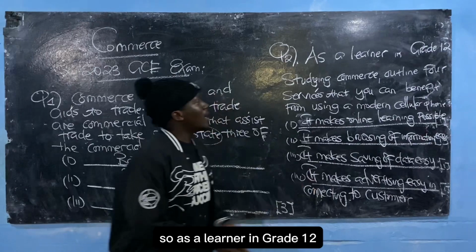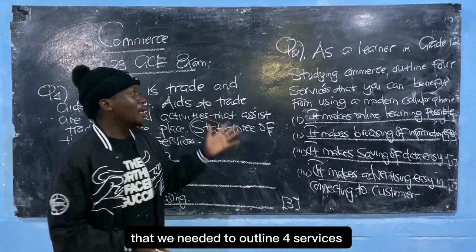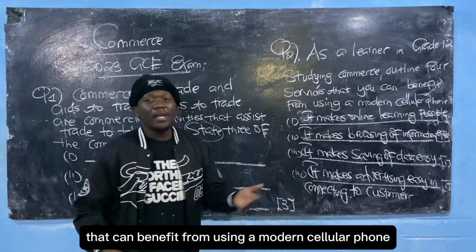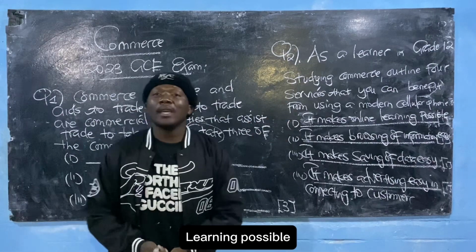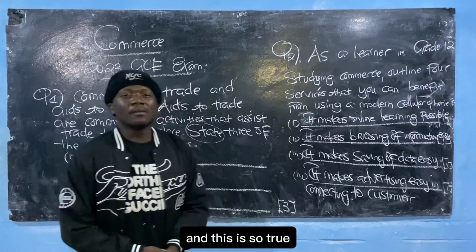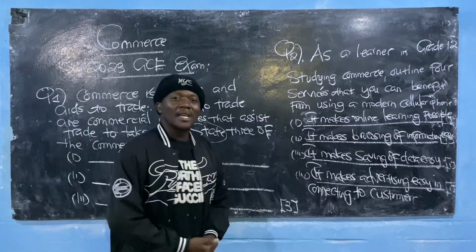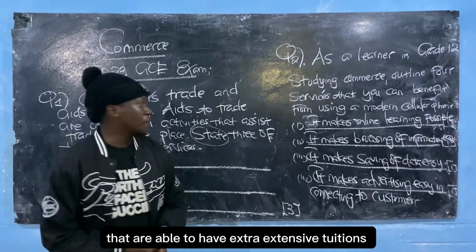As a learner in grade 12 studying commerce, the question was that we needed to outline 4 services that we can benefit from using a modern cellular phone. One, a modern cellular phone makes online learning possible. This is so true, proved by many universities or secondary schools that are able to have expensive tuitions.